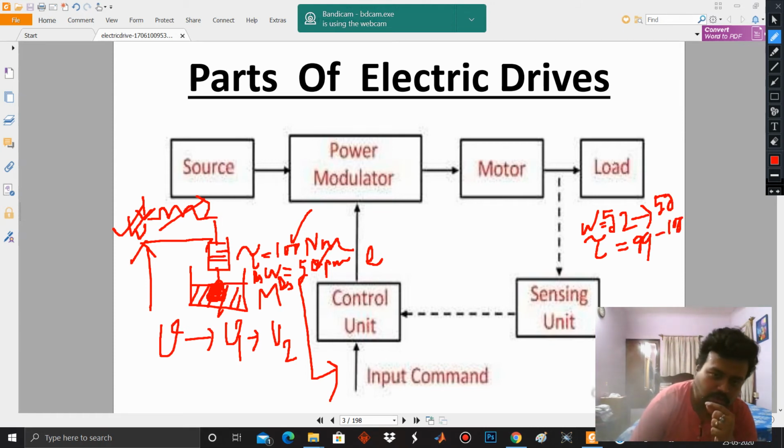Such a controlled or closed loop system in which the motor is being controlled as per your requirements is called an electric drive, or rather a controlled electric drive.